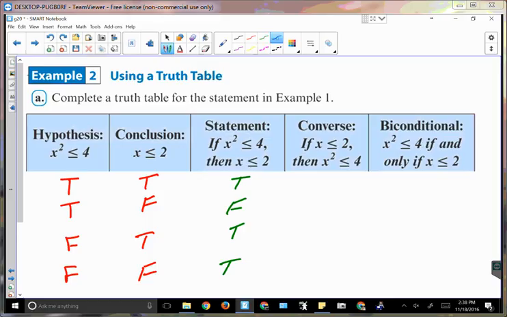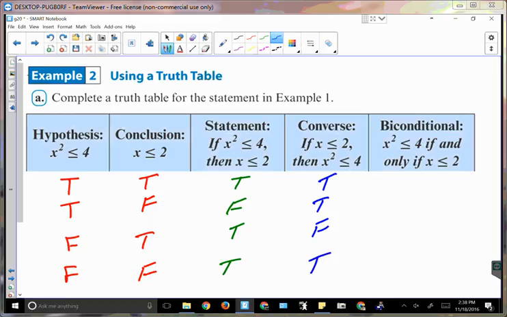Now, if I do converse is when we flip things around, right? So for those of you paying attention, I really got to kind of go from this here to this, right? So true, true would be true. False, true would be true. True, false would be false. False, false would be true.